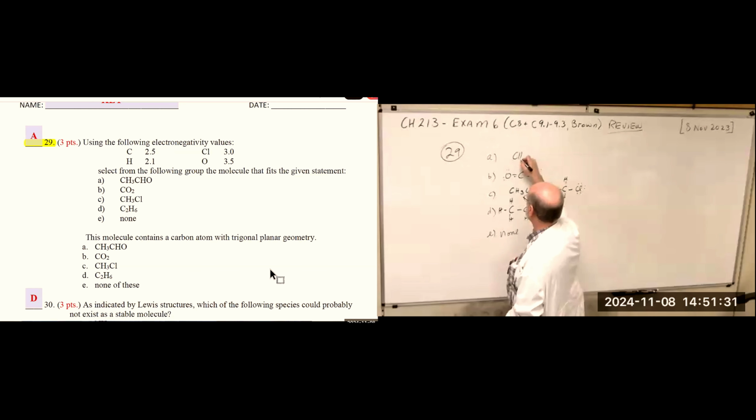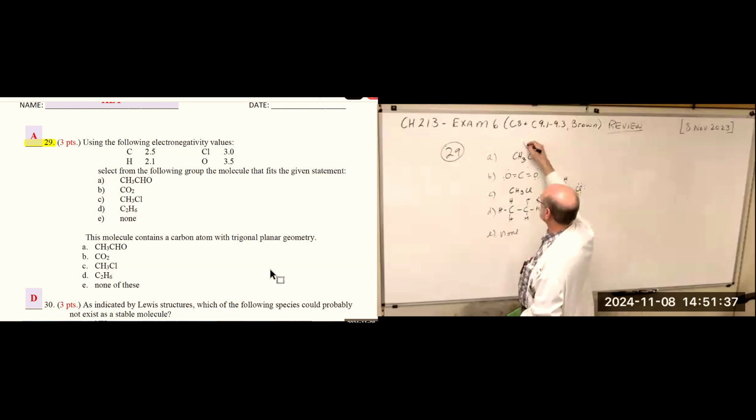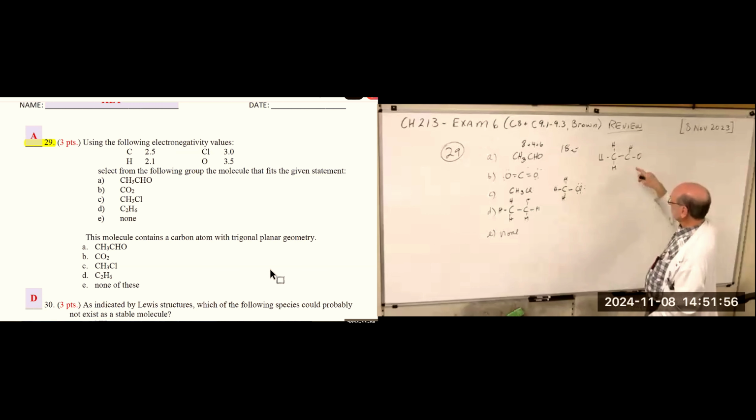CH3CHO. 2 carbons is 4 times 2 is 8, then plus 4 for the hydrogens, and then oxygen is 6. So that's 18 electrons. So we would have these hydrogens attached to that carbon, and this carbon would have a hydrogen and an oxygen. 2, 4, 6, 8, 10, 12.